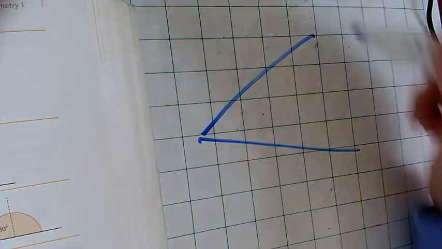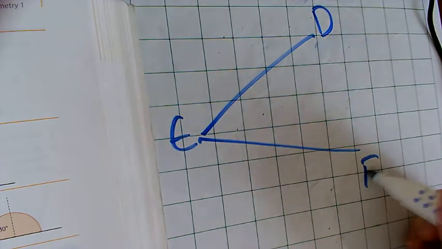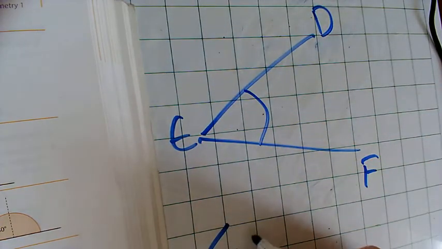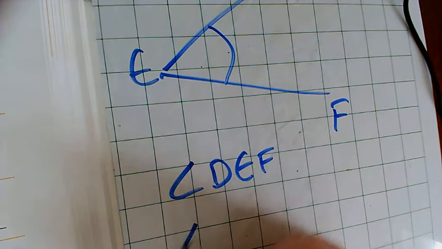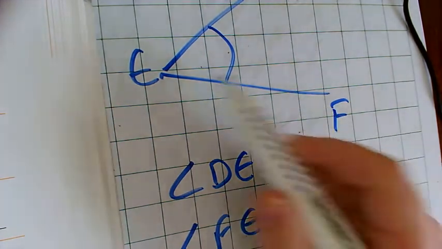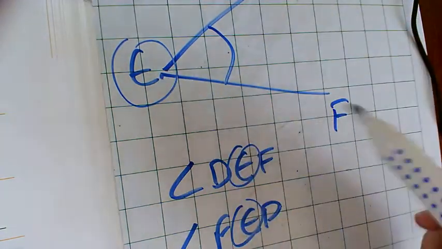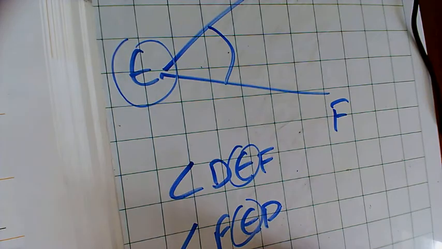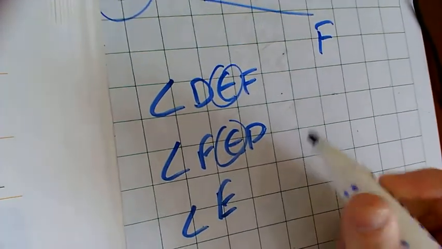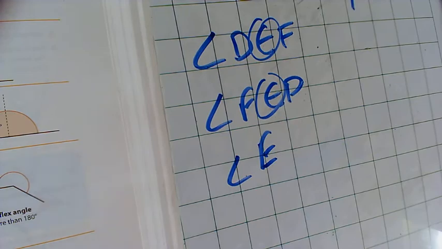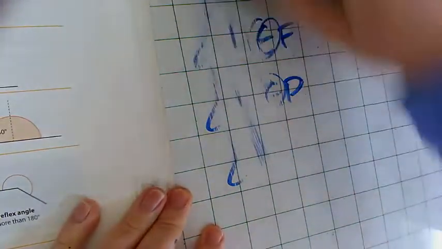If I was to draw an angle like this, and this was D, this was E, this was F, this angle would be either the angle DEF, or the angle FED, because it's the letter in the middle that denotes where the angle is, and it's saying it's going from D to E to F, or from F to E to D, or it could be just simply the angle E. Okay, so sometimes you'll see it like that. Very important. There's a couple of questions where it asks you to write out the letters in an order, based on what the picture says. So that's the first bit of notes.